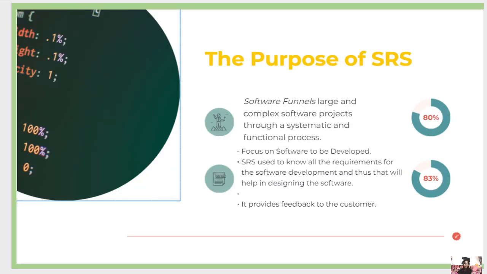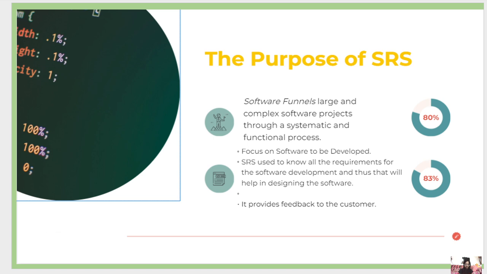Next, what is the purpose of the SRS document? As I said, it gives the complete information of any project. It mainly focuses on complex software projects. It is required whether it is a complex or a simpler project. It gives a systematic way of how the project should be developed step by step.